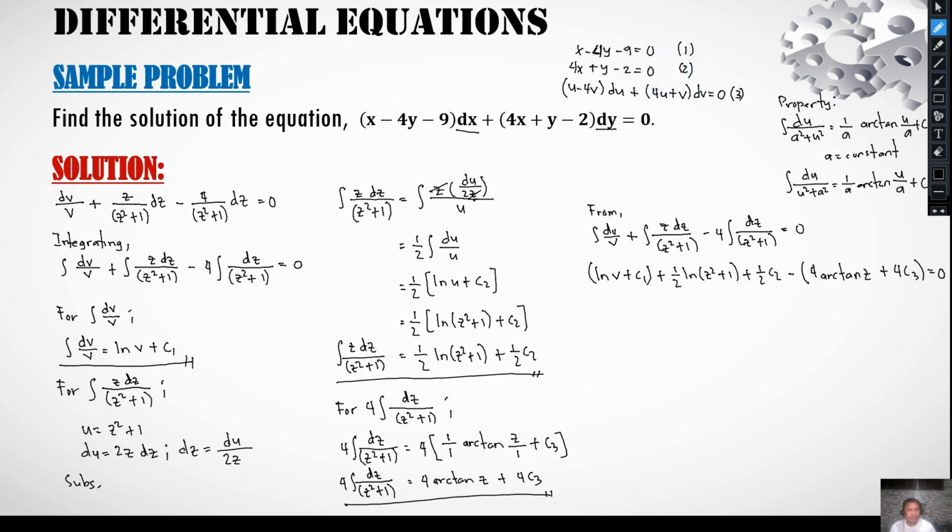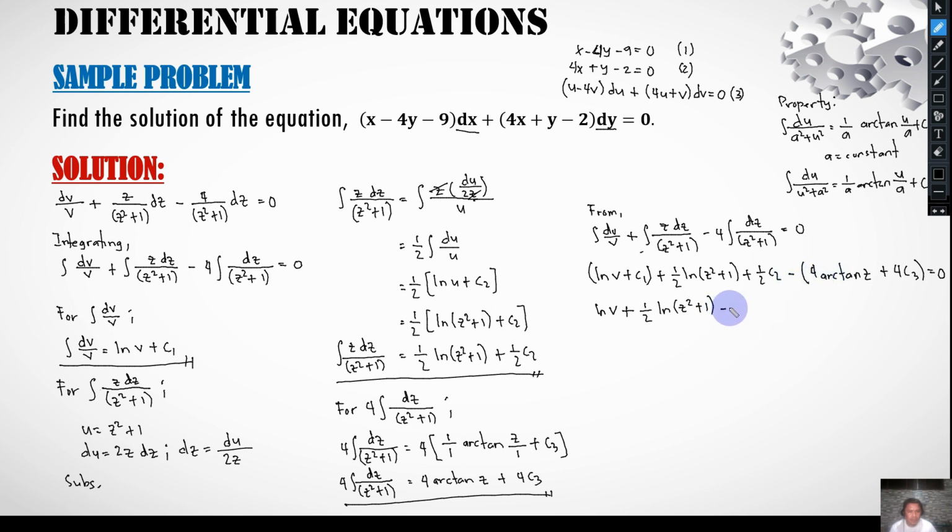So, simplifying and combining the constant. So, ito ay magiging ln of your v. And then, we have C1. So, sa huli natin nalagay yan. So, we have plus your 1/2 of your ln of your z squared plus 1. So, ito is i-distribute natin.